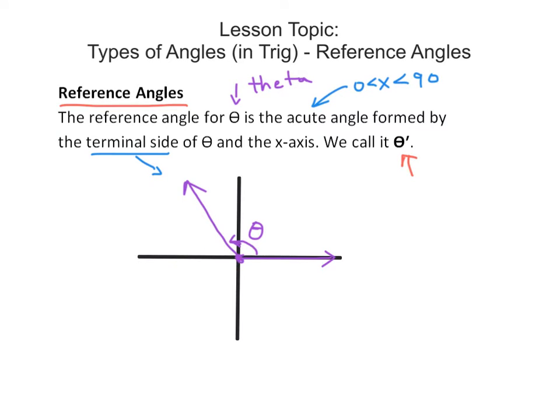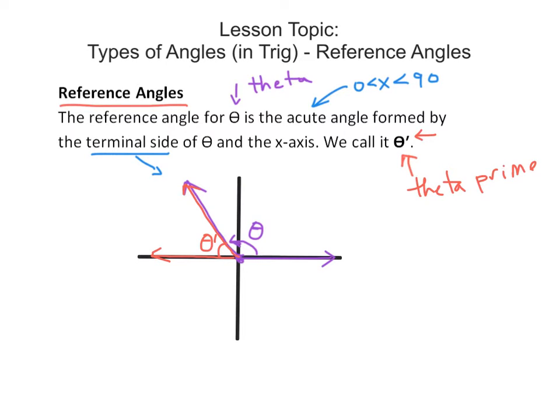So our reference angle in this case is going to be created by this terminal side of our original angle and the nearest portion of the x-axis, which is right here. This is called theta prime, and that's what I'm going to write over here as well, theta prime. That little symbol tells us the word prime is going to be used there.